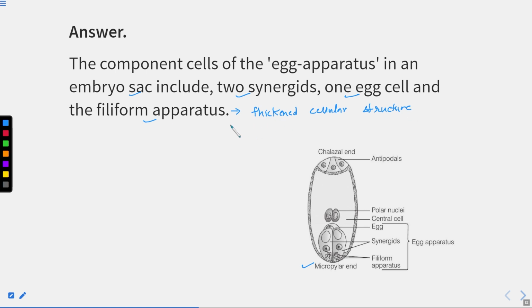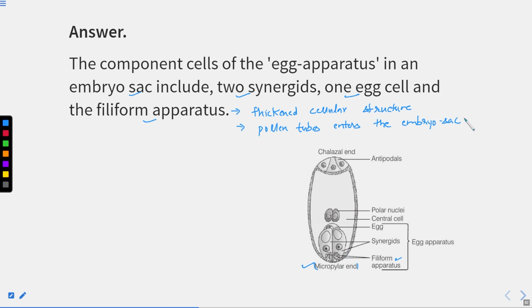And what is the role of filiform apparatus? It helps the pollen tube to reach the embryo sac. Or you can simply say the pollen tube enters the embryo sac from the micropylar end. You have to remember this pollen tube enters from the micropylar end. First, it enters one of the synergids that contains the filiform apparatus.